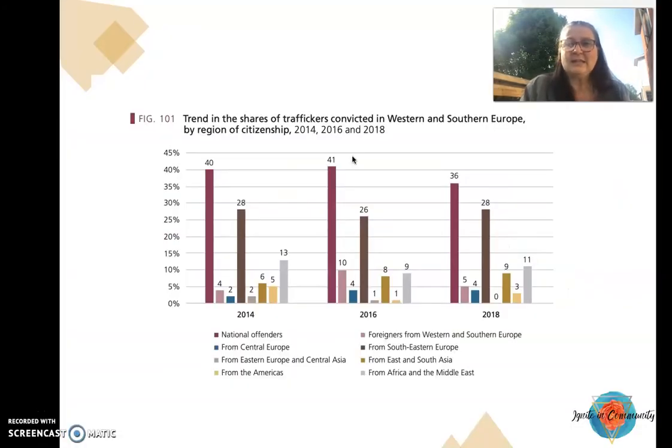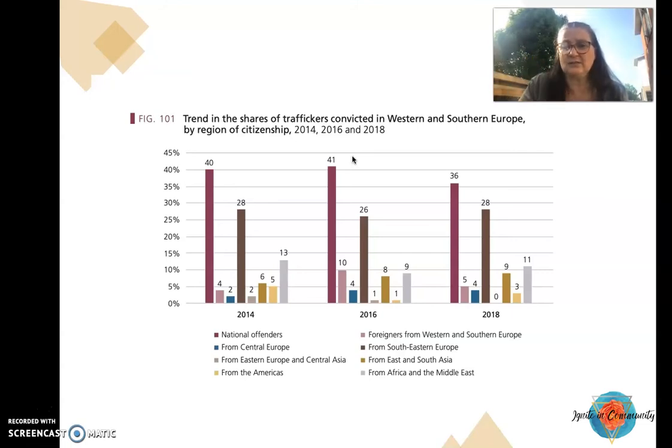This is the only region that actually highlights the different breakdown of the foreign offenders. So we have national offenders comprising the greater percentage of offenders, but we have a real spread of offenders from different areas.